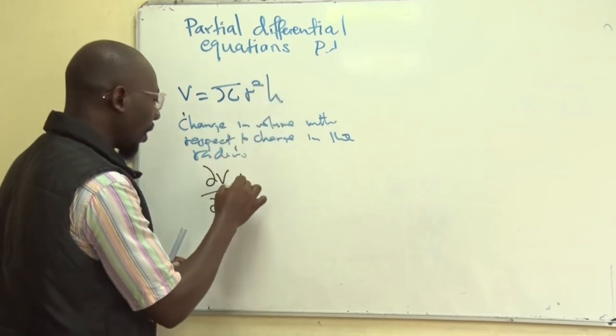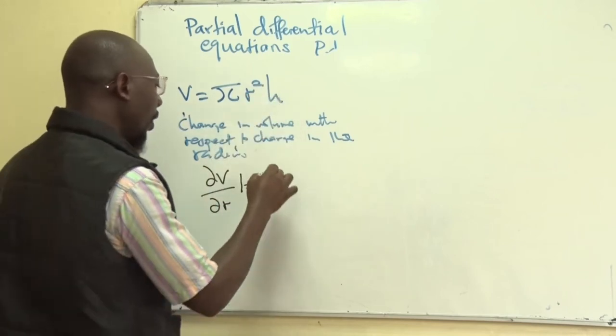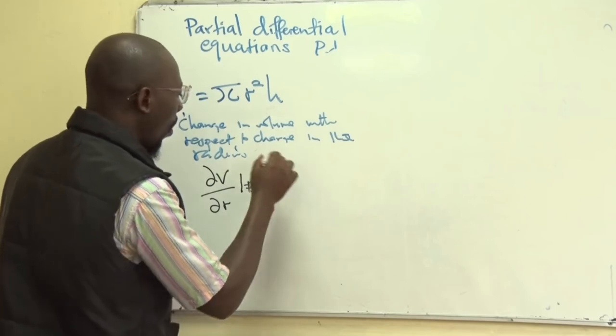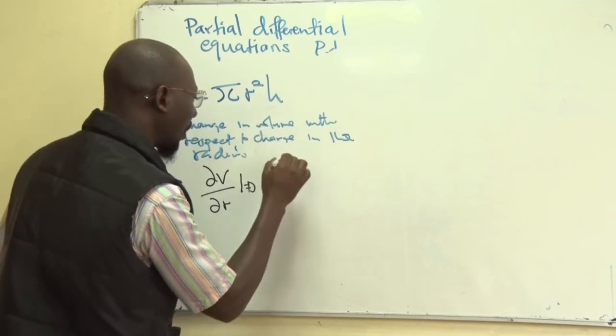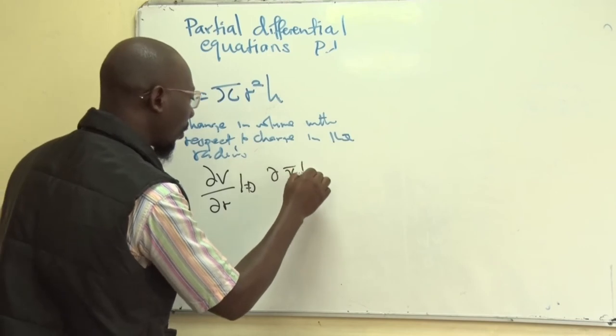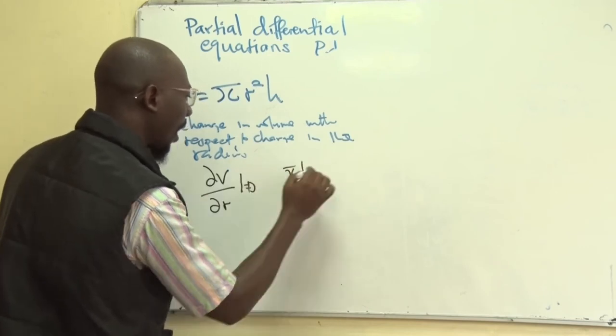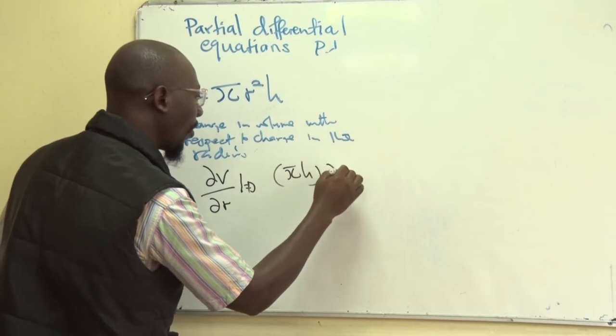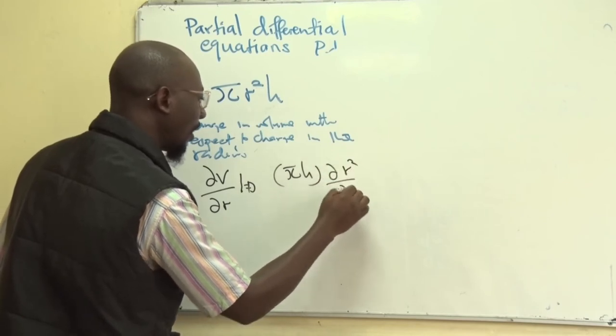So this shall be given as del of pi h r squared over del r. We treat pi as a constant, h is also a constant. Then we get del of r squared over del r.